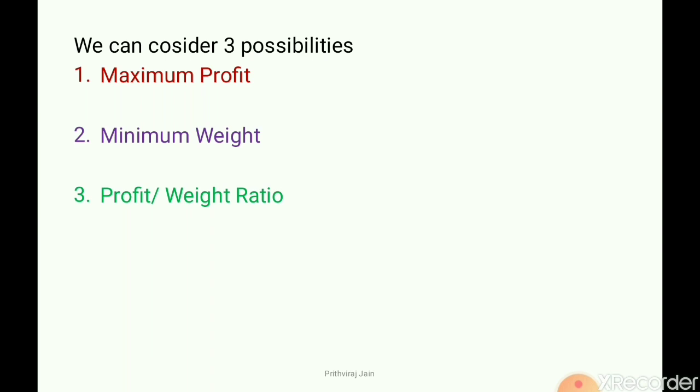In this session I am going to discuss only the profit by weight ratio, because the methods are the same for all three possibilities, and in almost all cases we get the optimal solution using the profit by weight ratio.